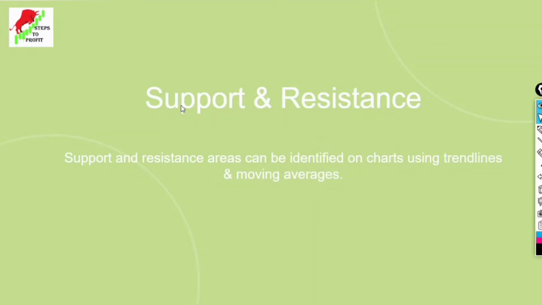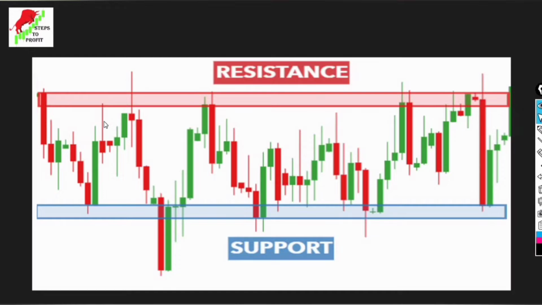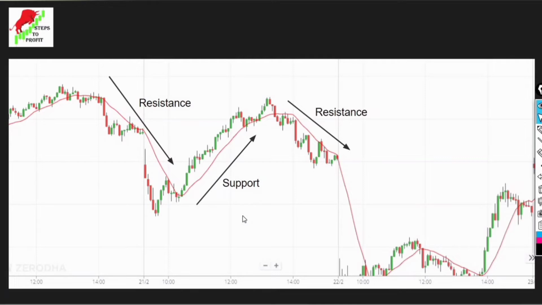When we draw trend lines, support and resistance look like this. We have to cover upper resistance and lower support. And when we use ready-made indicators, when we apply those indicators, the picture looks like this. We will see this on the graph.